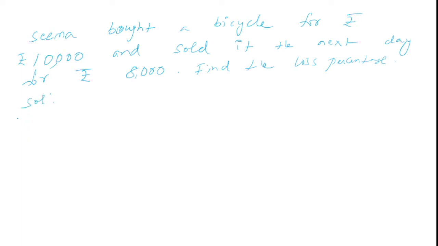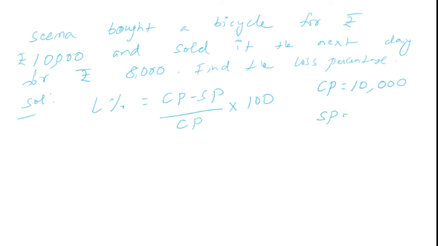Let us write down the formula. Loss percentage formula is CP minus SP by CP into 100. I need the CP value and SP value. What is my CP? Seema bought at 10,000 rupees. At what price did she sell? 8,000 rupees.